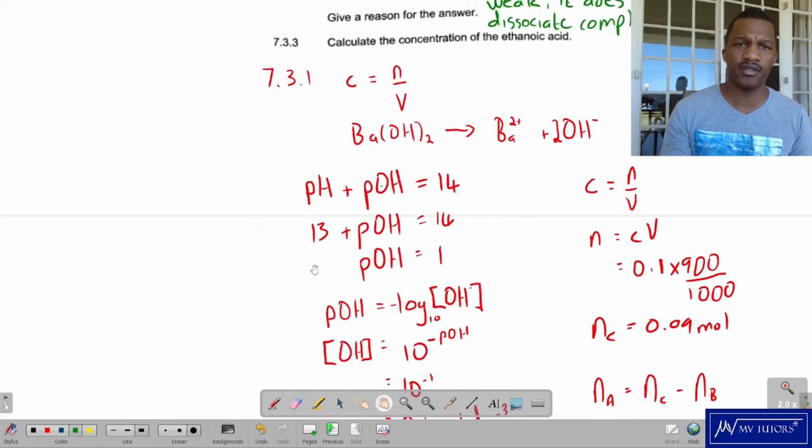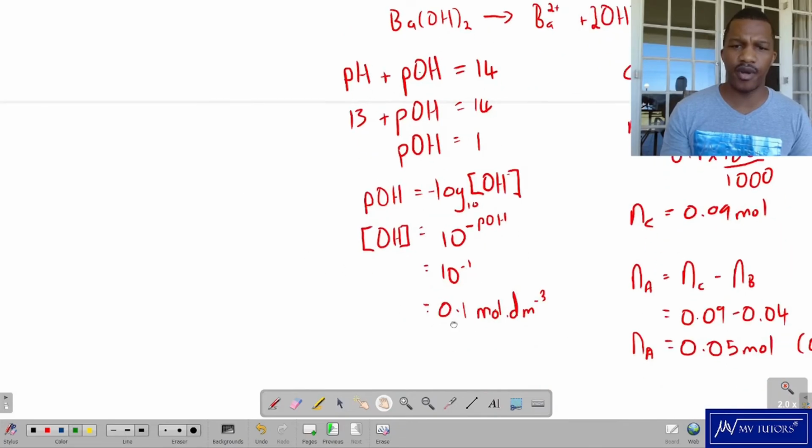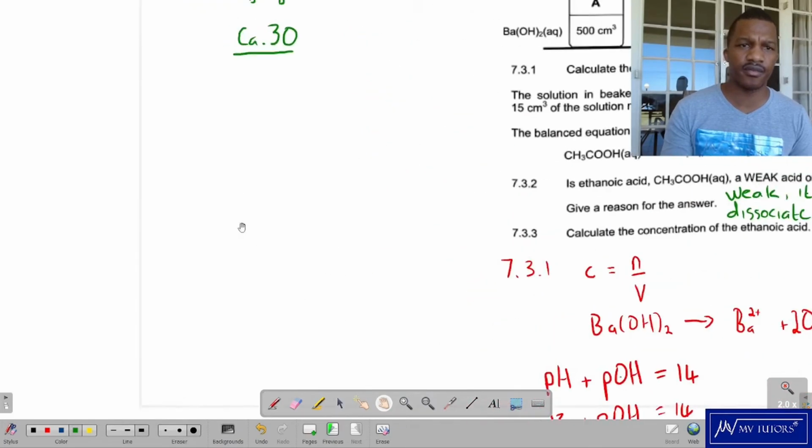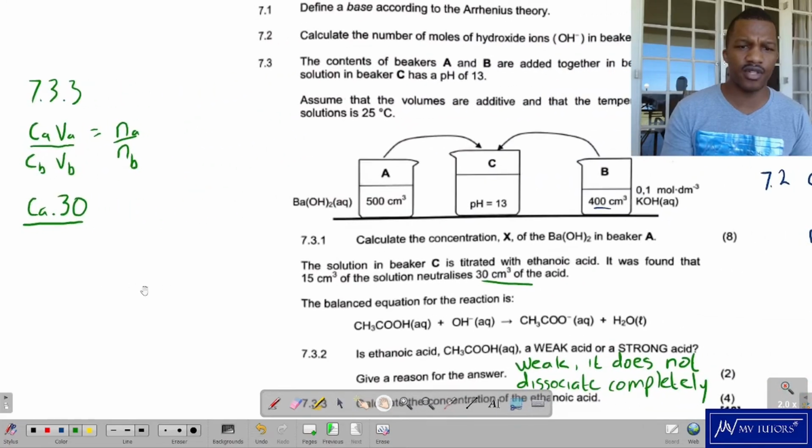Yep, 0.1. This one where we solved it down here. So that's the concentration, 0.1, and then the volume of the base is 15. So that equals the number of moles. If we look at the balanced equation, everything is 1:1, so it's just 1/1.